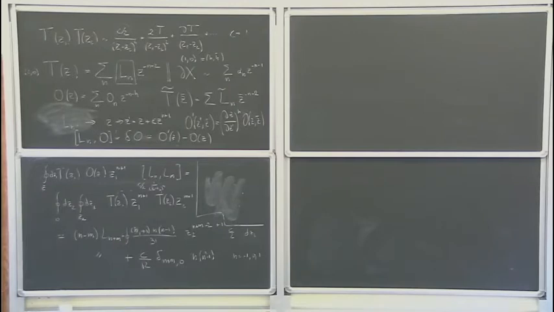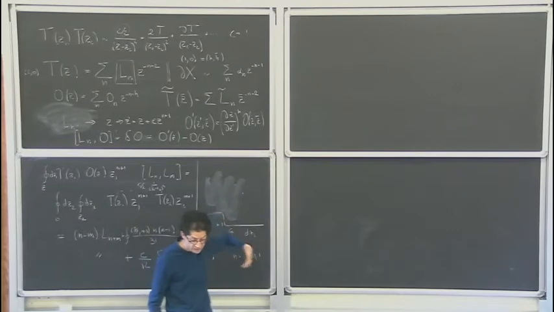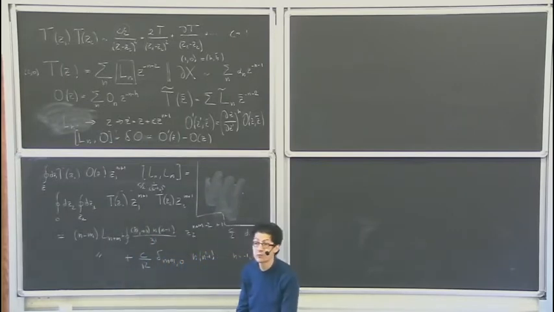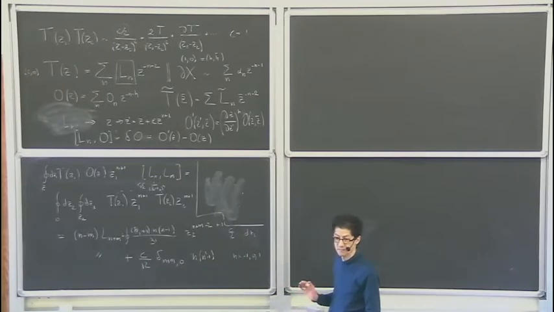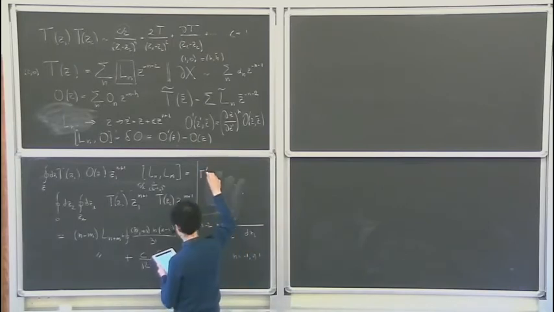For a primary operator, this is the answer. This is the finite transformation. Now, for the stress tensor, what is the finite transformation? That's not an entirely easy, straightforward calculation, but you can do it, and I think Di Francesco does it. And the result is this, T prime.